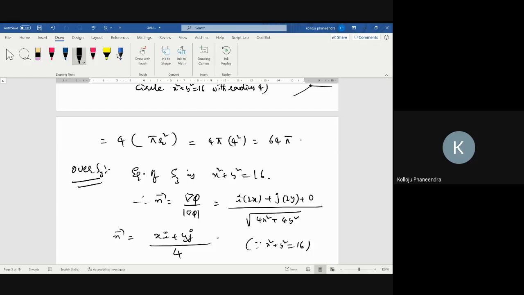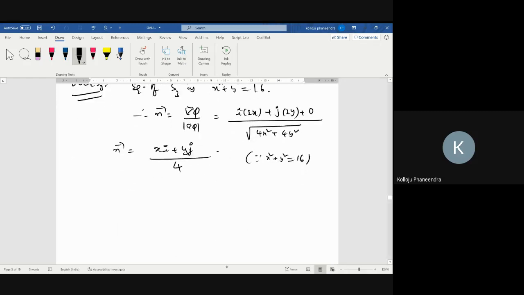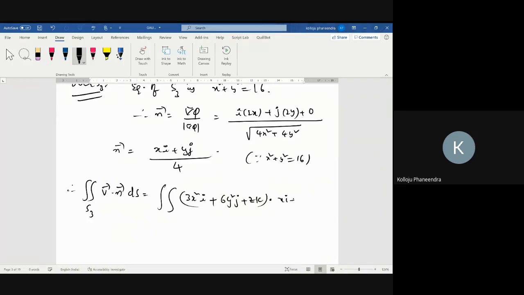Done. Therefore, the double integral over S3 of v bar dot n bar ds equals the double integral of v bar, which I now have to write: 3x square i plus 6y square j plus zk, dot xi plus yj by 4.